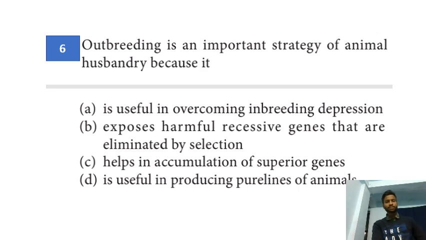Outbreeding is an important strategy of animal husbandry because A is useful for overcoming inbreeding depression. This answer is right, because inbreeding depression is overcome through outbreeding. In B, it exposes harmful recessive genes that are eliminated by selection. No, this is not right, because harmful recessive genes are mostly not seen in outbreeding.